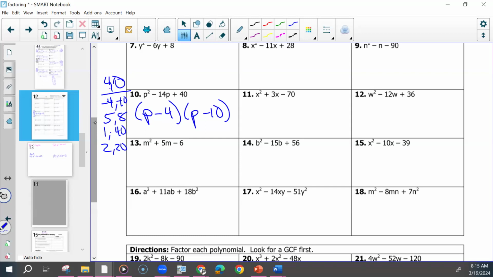Let's do, there are not many of these. Let's do another one. Number 12, factors of 36. 36.